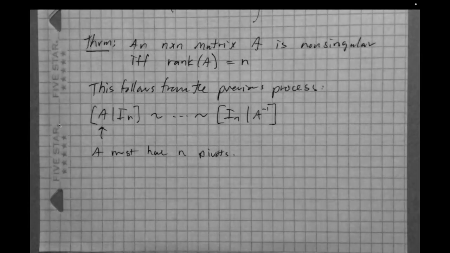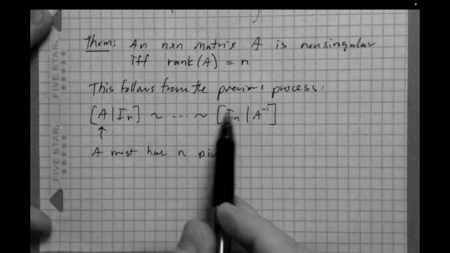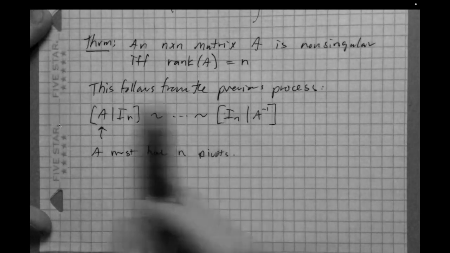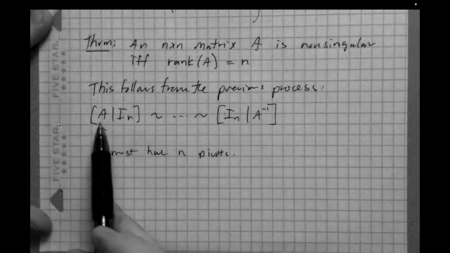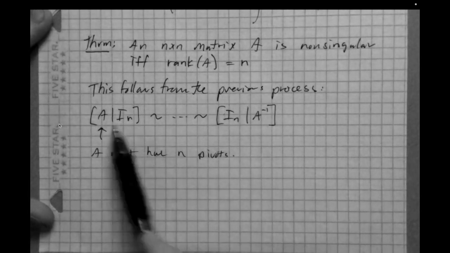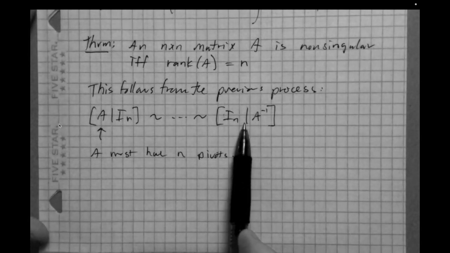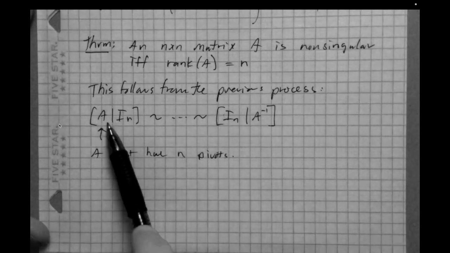It's got to have n pivots in order for it to be equivalent to I of n. It only has n pivots if it has rank of n. And so in order for this process to produce an inverse, which is a general approach to producing an inverse, this matrix has to have full rank.